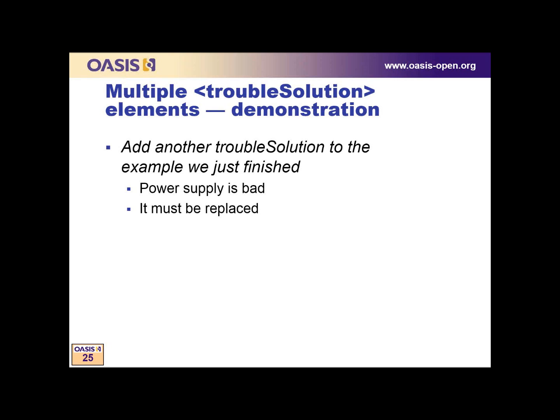Okay, so now we have a situation where maybe we want to have multiple trouble solution elements. In this demonstration, I'm going to extend our scenario to include the possibility that a power supply is bad and that it needs to be replaced.